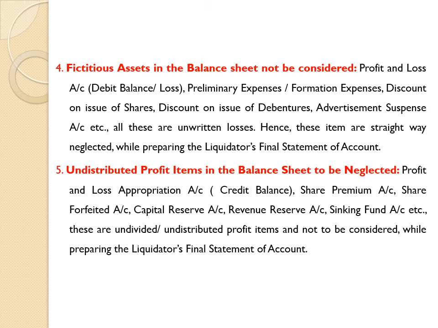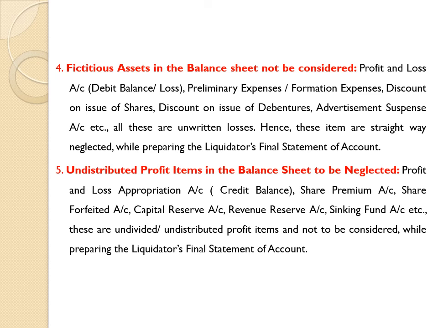Note number 5, undistributed profit items in the balance sheet to be neglected. There were unwritten losses; now we are focusing on undistributed profit items. These are given on the liability side of the balance sheet of the company which goes into liquidation.